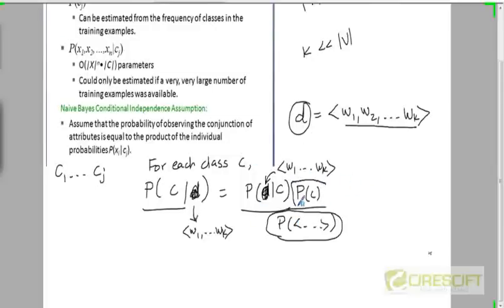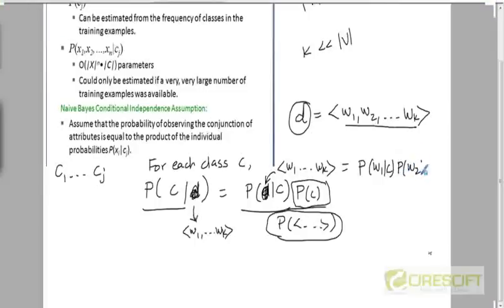This is the prior probability of seeing a document from class C, based on the frequency with which class C appeared in the training phase. And this is the probability that if you are given a document from class C, these will be the K words. Now the naive assumption in naive Bayes was the assumption that the probability of seeing these keywords can be written as the product of the individual probabilities.